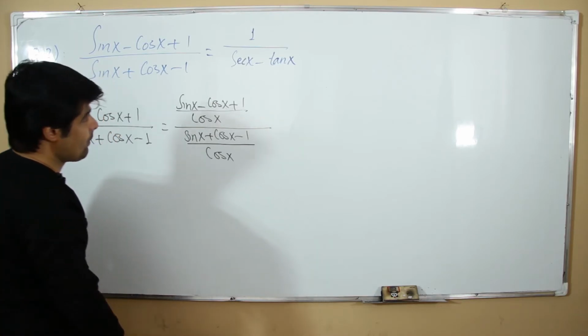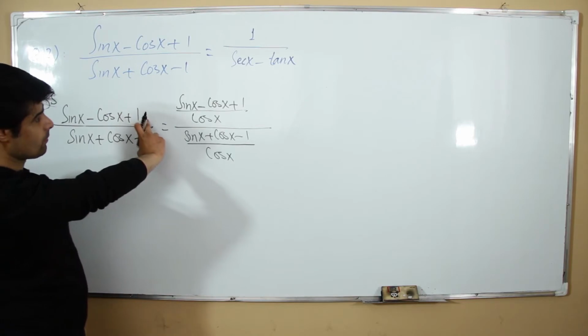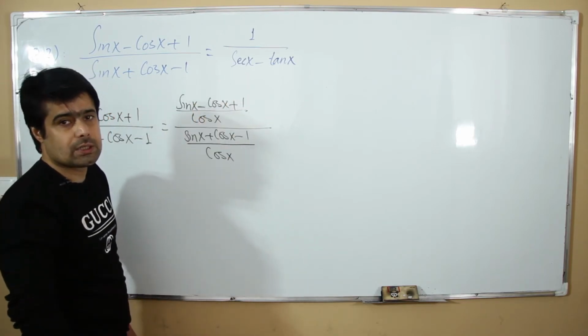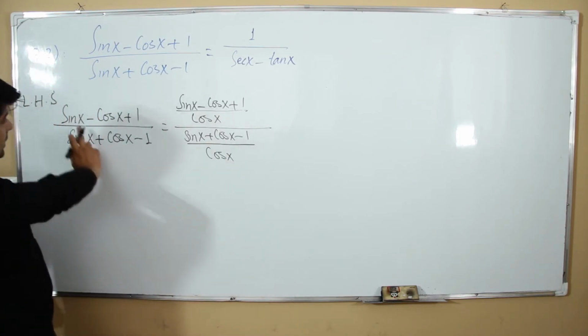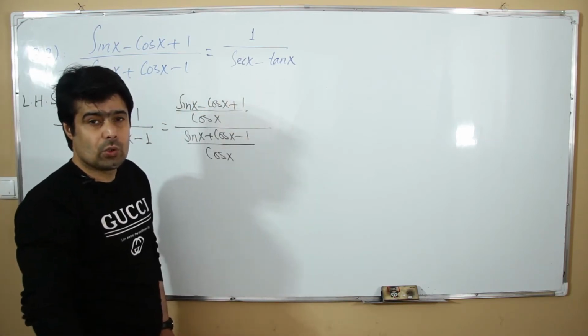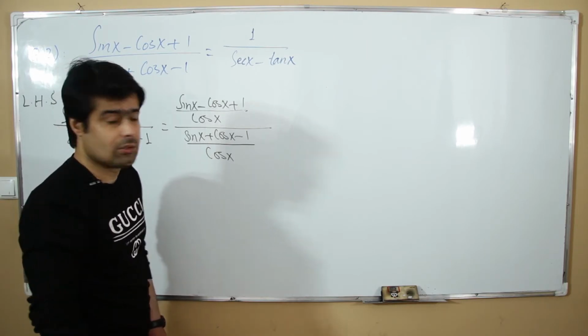Am I right? Our aim is that this LHS should be like RHS. For this result, in LHS we have sine and cosine, and in RHS we have secant and tangent. So LHS should be changed to secant and tangent.